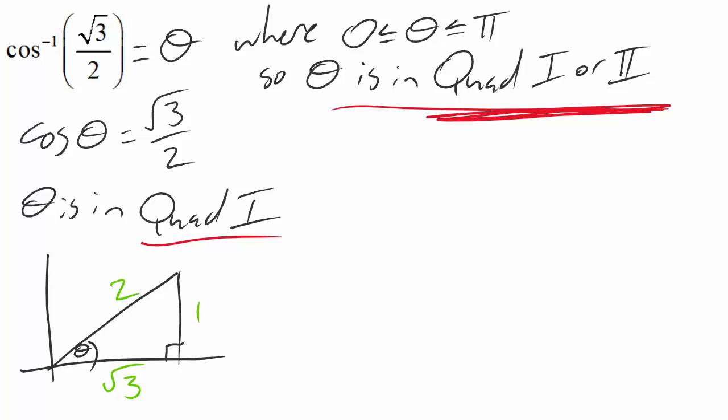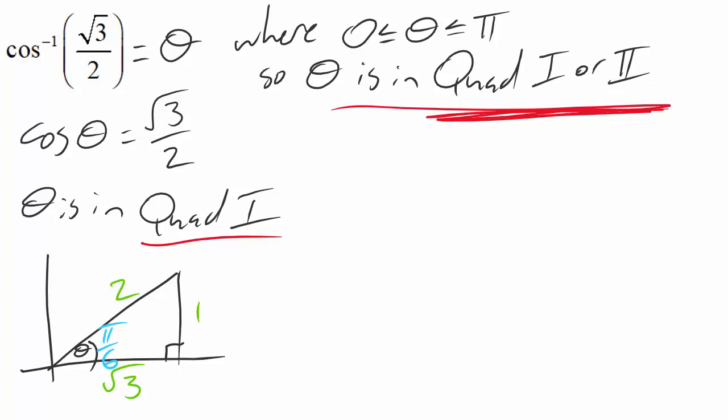Is it the 30 or the 60 degrees? Now, since the side opposite of theta is positive 1, and that's the smallest one of our three sides, that's going to get the smallest angle, which would be 30 degrees, or in radians, positive pi over 6.